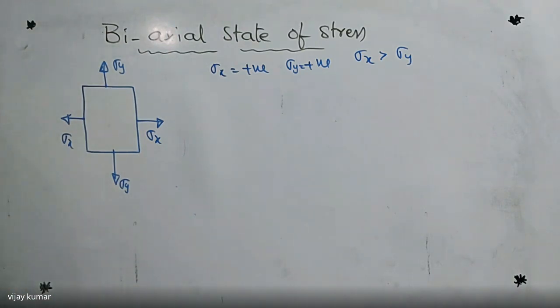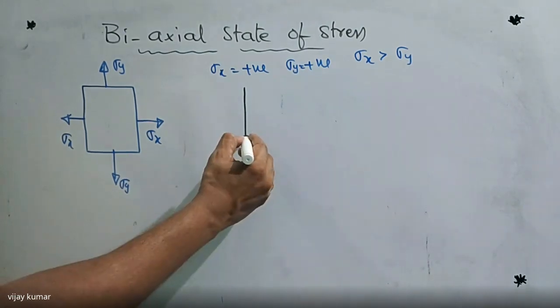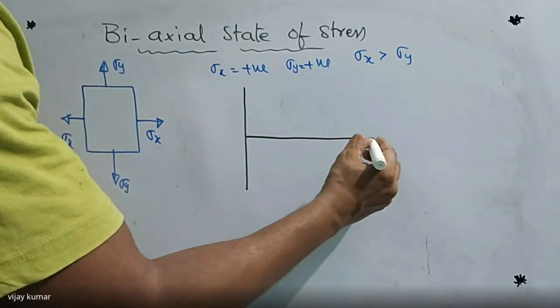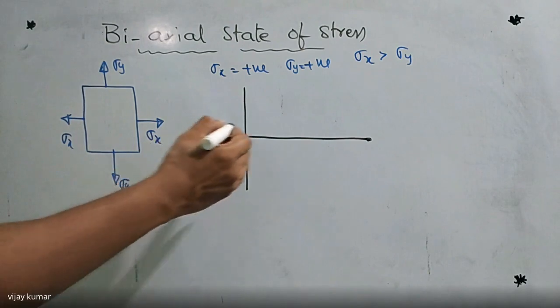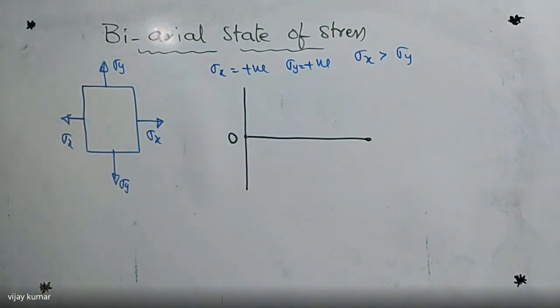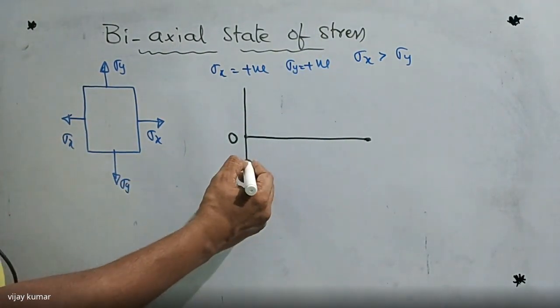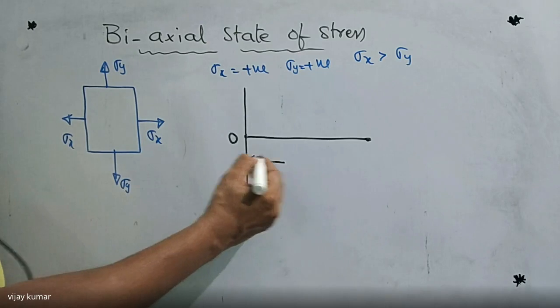If you see this, there is no negative value, all are positive values, so I'm going to take this reference line vertical and this horizontal line. Did you get my point? This one is nothing but the origin. So first of all, I'm going to take sigma x. Sigma x is maximum, so I'm going to take up to this total length.